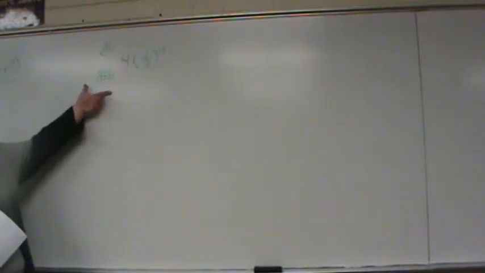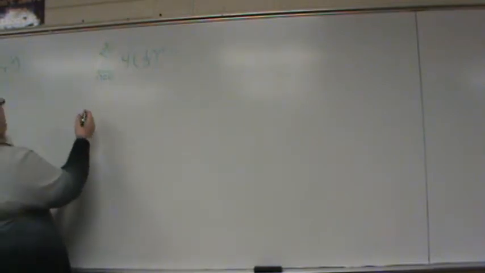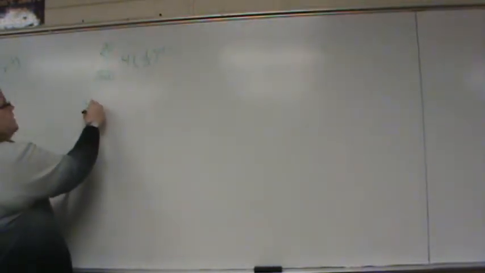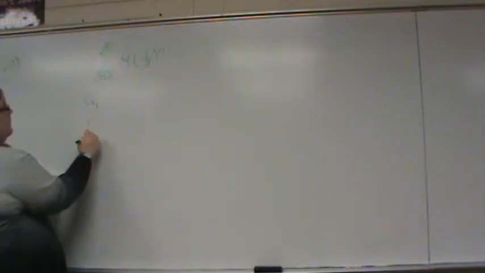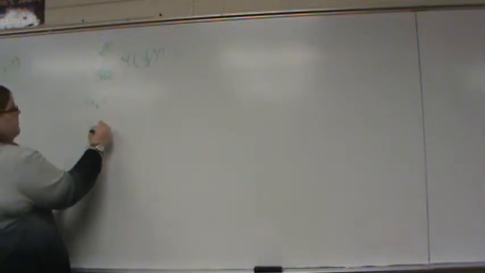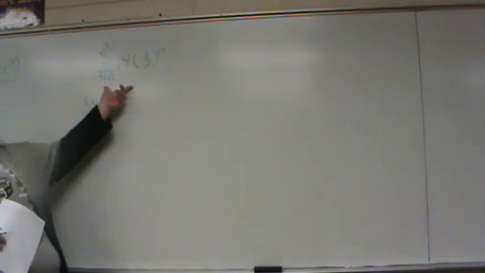We need to find the sum of this series. In order to do that, what values do we need to plug into our formula? We need to know A1, we need to know R, and we need to know N. Those are our 3 values. So we have to find those values in the summation notation.